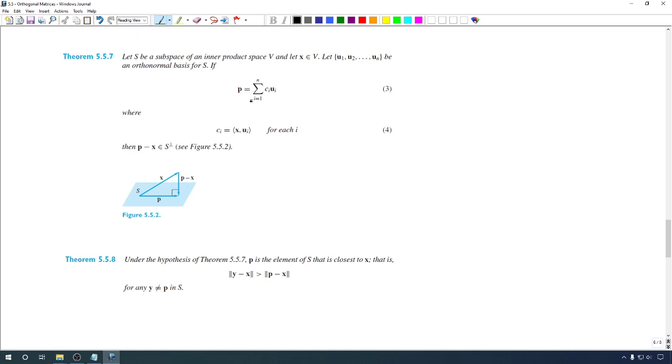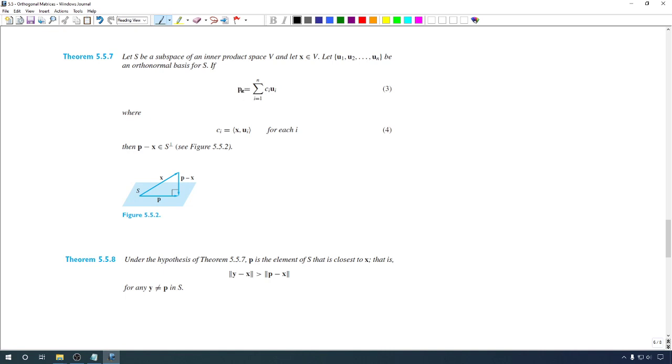So what we basically do is we take the inner product of X with all the basis vectors u1 through un, and we use those as coefficients of a vector in S. Just take the linear combination of those u's with those coefficients that come from this inner product.